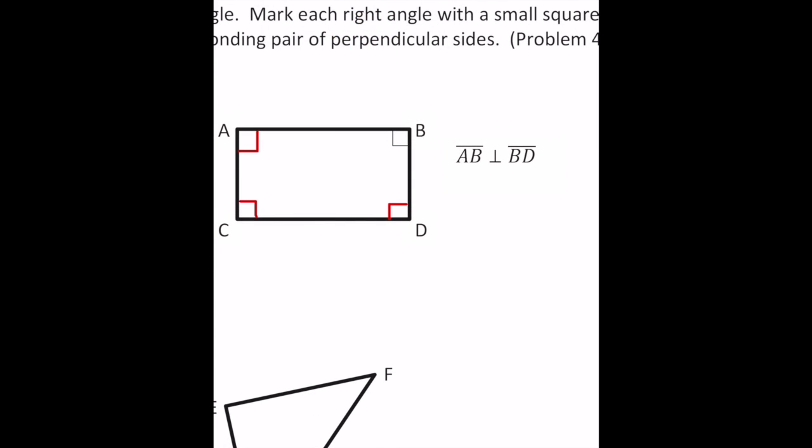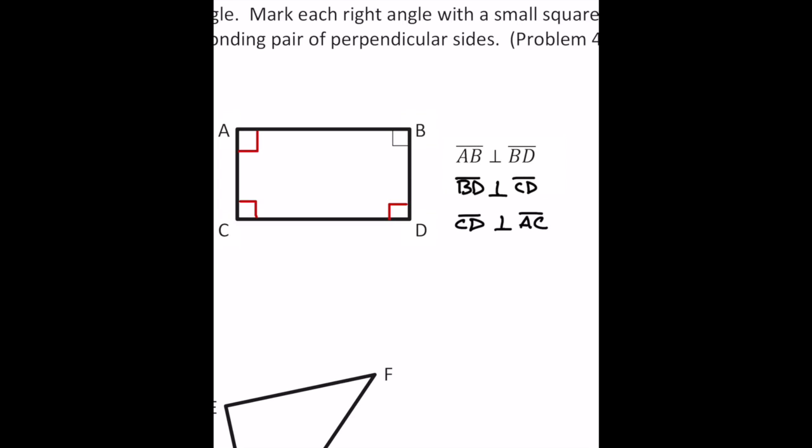You could say, they said AB is perpendicular to BD, line segments, right? You could also say line segment BD is perpendicular to CD, line segment CD. Same thing, CD is perpendicular to AC.